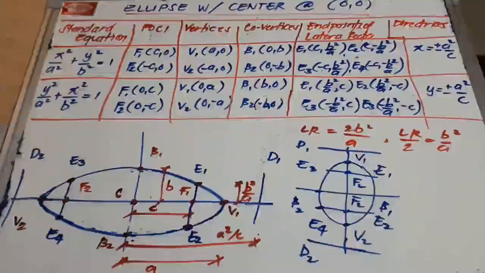Same definition lang. Ang distance ng focus natin from the center is always C. The distance of the vertex from the center is A. The distance of the co-vertex to the center is B. Okay?